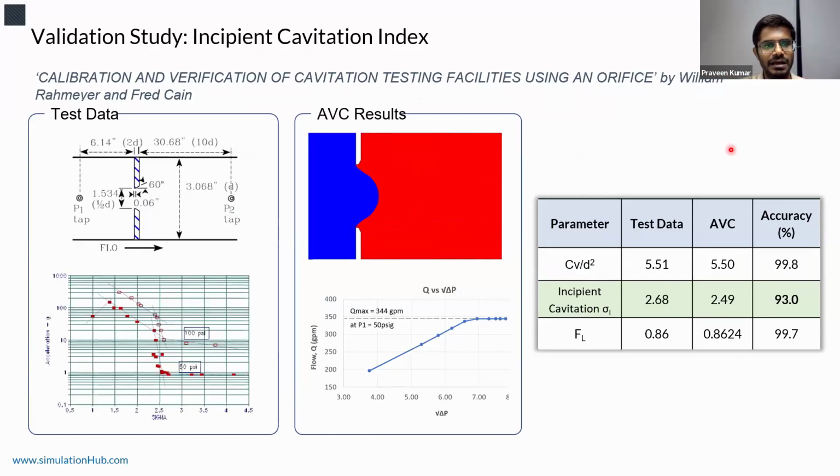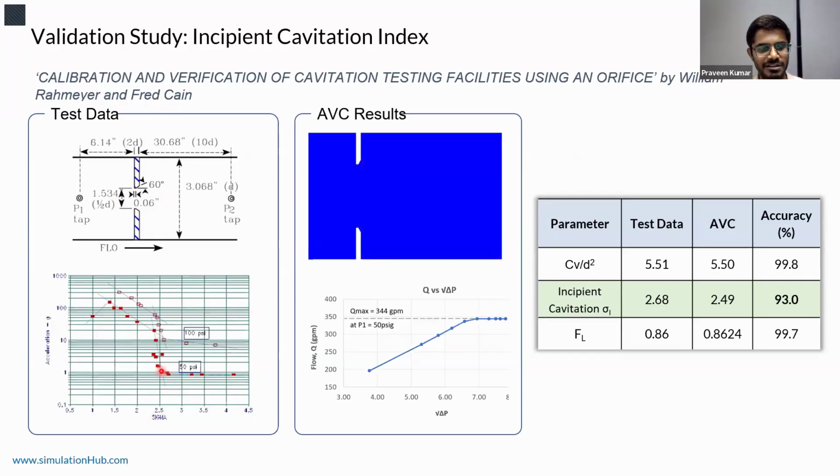based on experimental data presented by William Remer and Kane. This is based on a sharp edge orifice plate. You can see the lab data, the accelerometer output. If you join the dots with straight lines, you can see the line changes slope, and each point indicates incipient cavitation, constant cavitation, and choking cavitation.